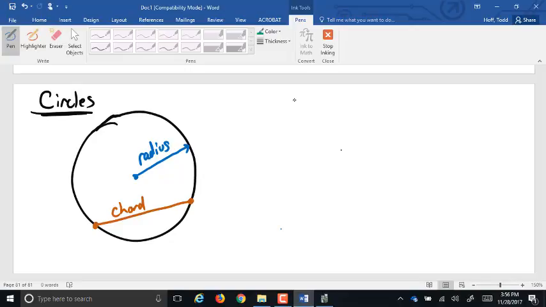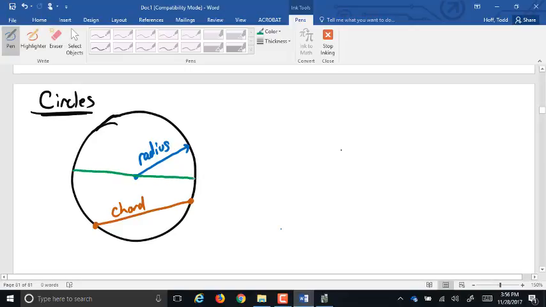In a more geometry-based course, we would come back and spend a lot more time with that. Next we have a chord that actually contains the center of the circle, which is called the diameter. So the diameter has its endpoints on the circle, and it also contains the center of the circle.